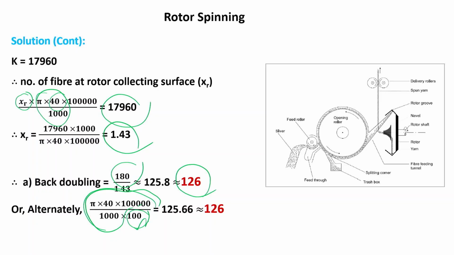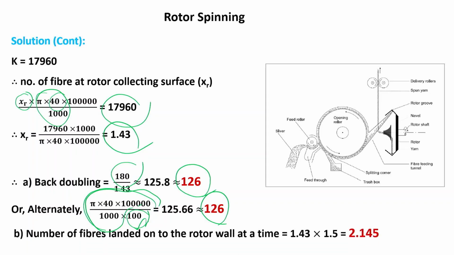From there we can calculate the back doubling, which comes almost the same, 126. The number of fibers landed on the rotor wall will be 1.43, the fibers in the rotor groove, multiplied by the draft 1.5, so it comes to 2.143.